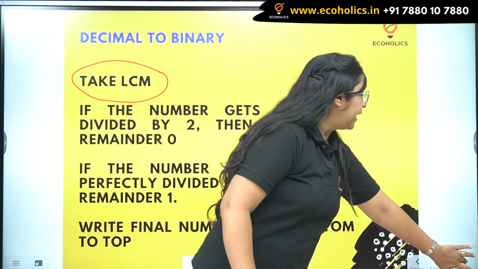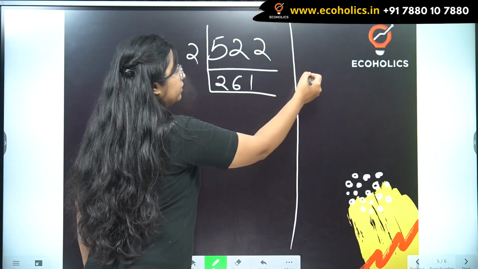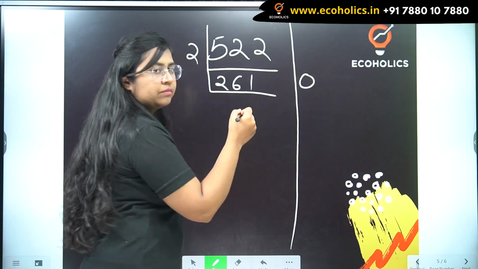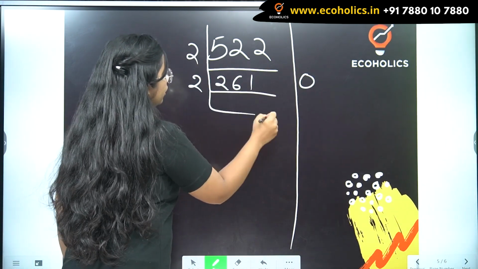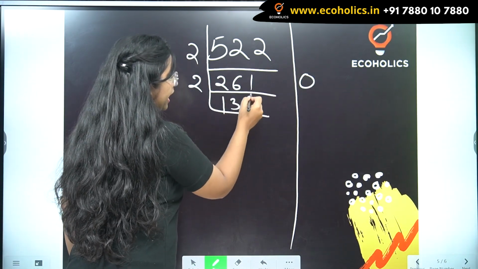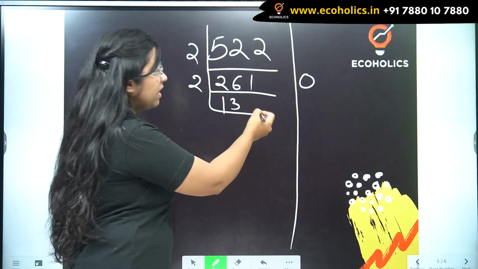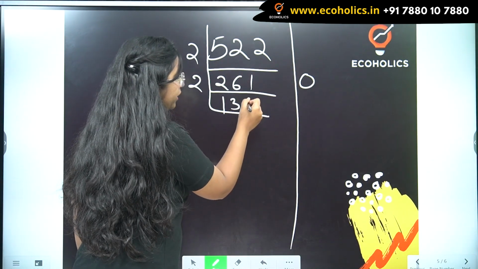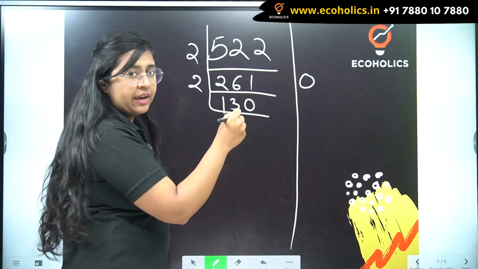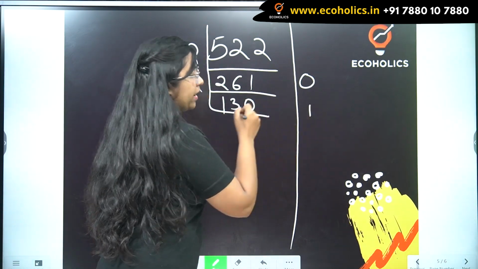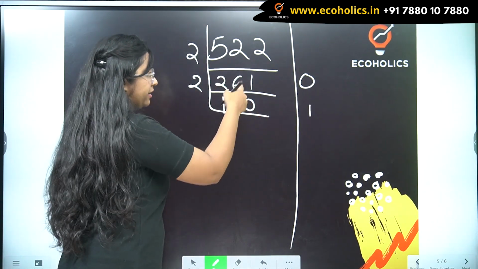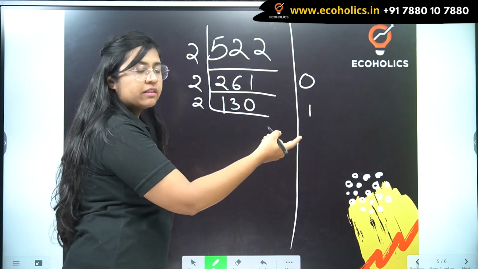So you write it over here. Then again, 2 1s are 2, 2 3s are 6, and you cannot divide this 1. So you will just write over here 0, okay, and here you will write 1 because you could not divide it. Then again, the remainder is 1.